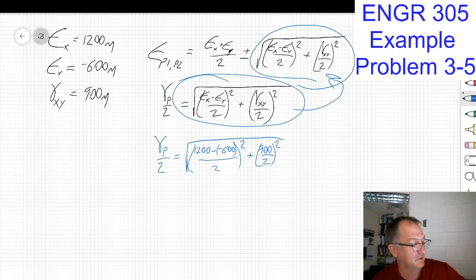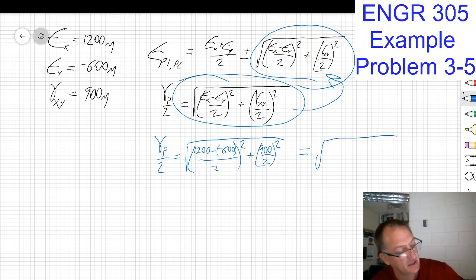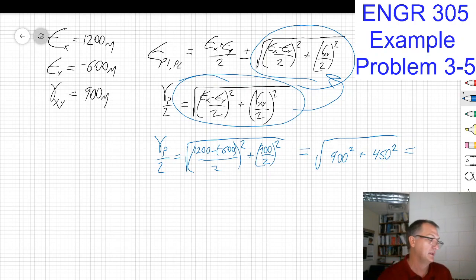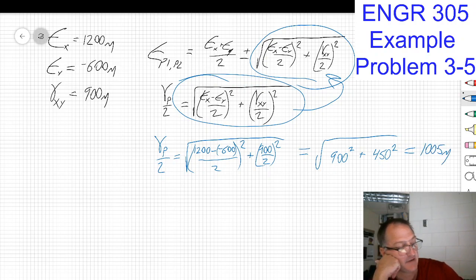That's 1200 minus negative 600 over 2, that's 1800 divided by 2. So that's 900 squared plus 450 squared, and the math comes out to 1005 micro.